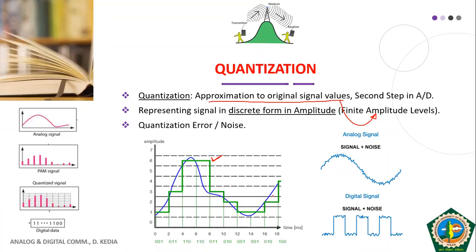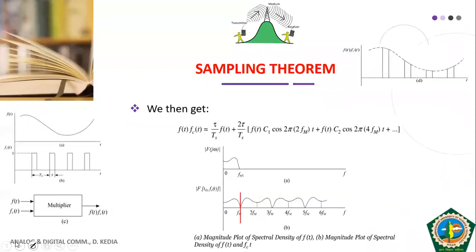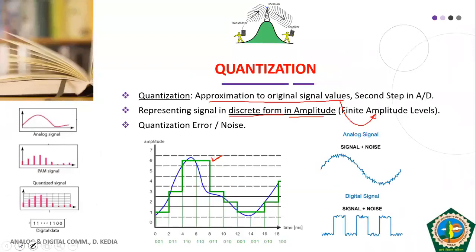So this is how, with the help of quantization, I am able to introduce discreteness in the amplitude domain. And as I told you during sampling, that due to sampling I introduce a deliberate distortion because I have taken a finite number of samples in time.